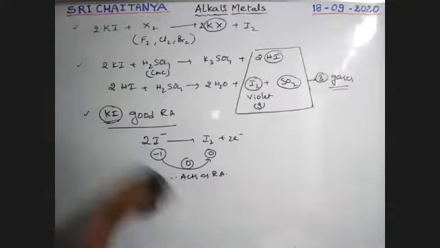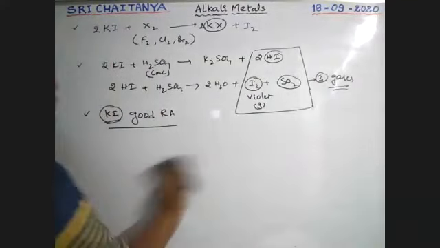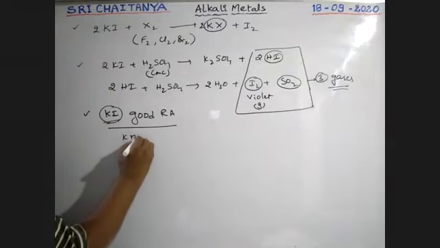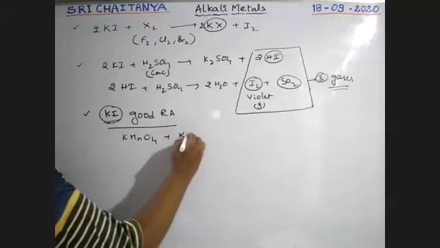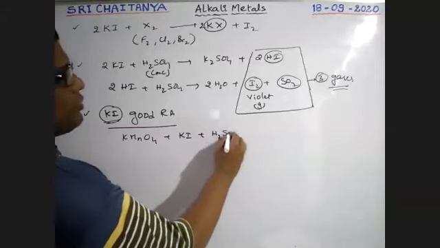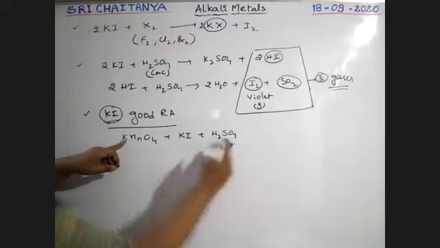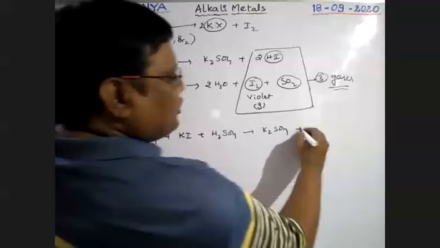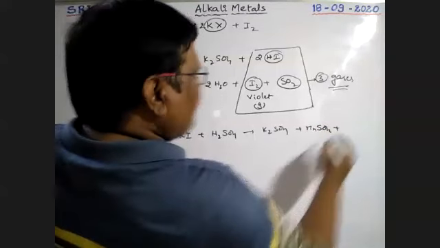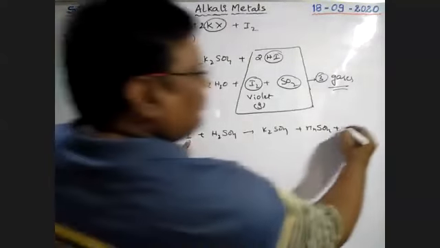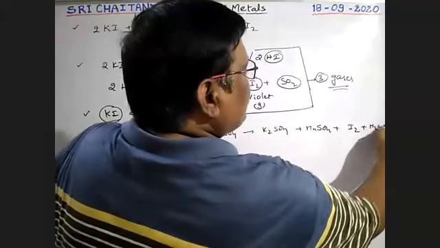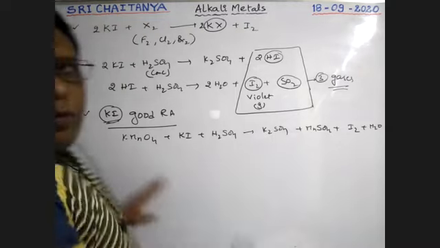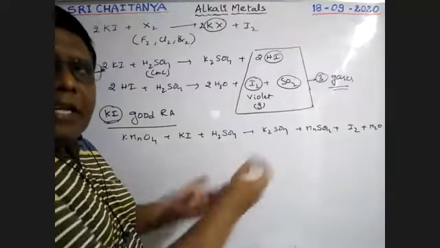We already know these reactions. KMnO4 reacts with potassium iodide in the presence of acid and gives K2SO4, MnSO4, iodine I2 and H2O as the products. This is a skeleton equation, so please balance it.